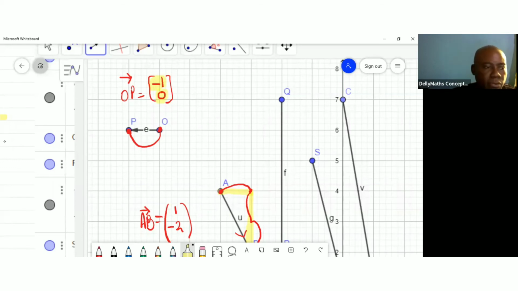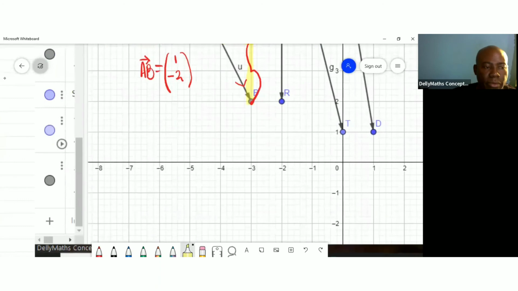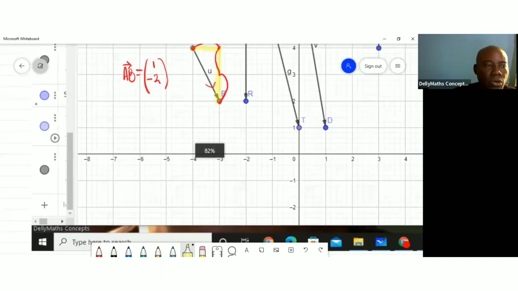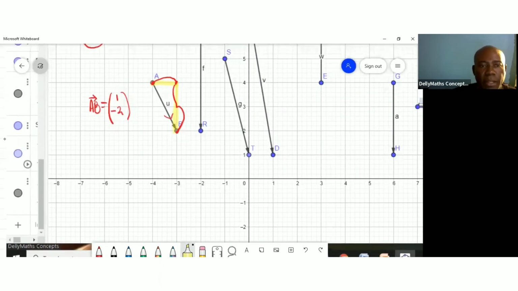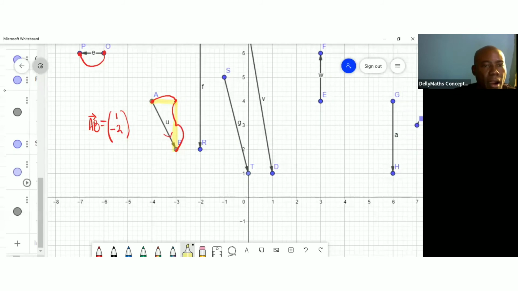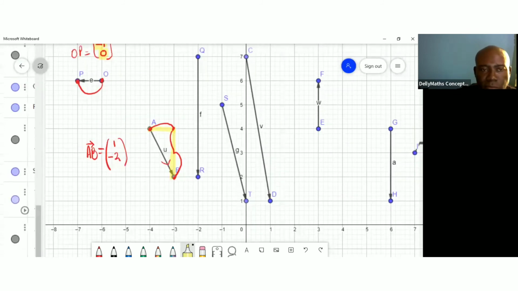All right, let's see if we could grab any more. There are a number of them. We have a vector here. Let's check out this vector quantity, CD. So we're moving from C here and we're heading towards D right there.